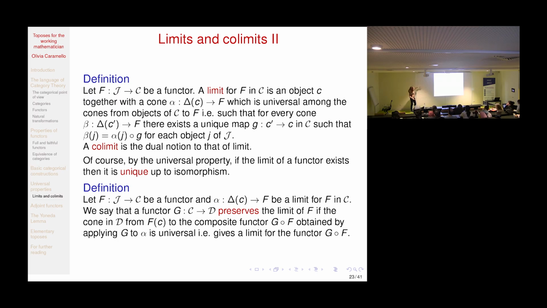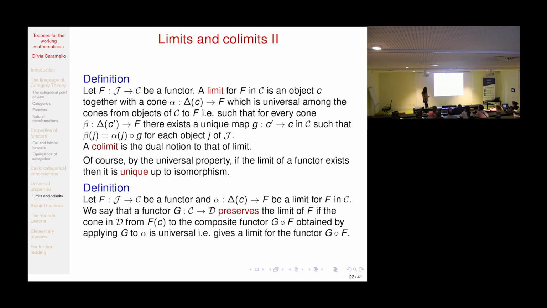So if you had two things satisfying the same universal property, by applying the universal property to one and then to the other, you would get two arrows between the two vertices. And then the composite of these two arrows, by the uniqueness requirement, should be the identity. Because, of course, the identity, if you take the same cone, makes trivially all the triangles commute.